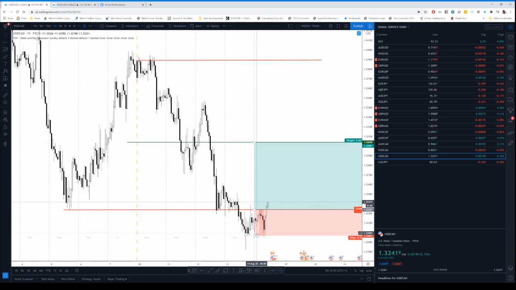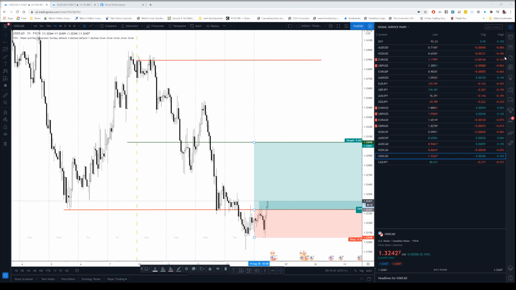So maybe I'll just jump in and place my entry, and then protect myself down here, and then target between this high and that low 50%, or I'll look for the 618 level. So if you are interested, I am just jumping in right now. I don't want to wait because I should have probably looked at that when I saw that CAD weakness coming in.